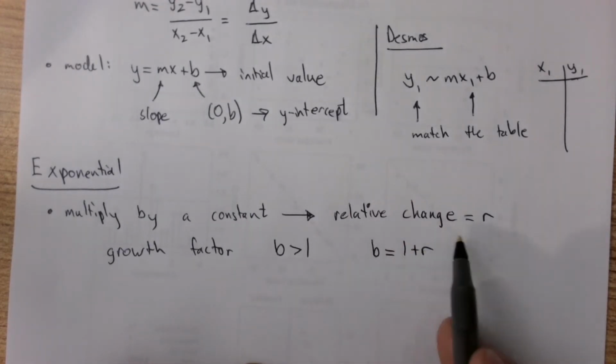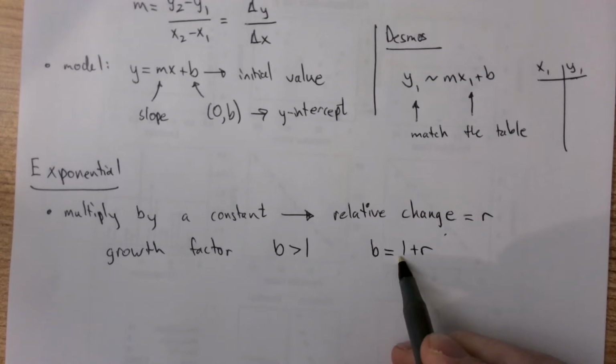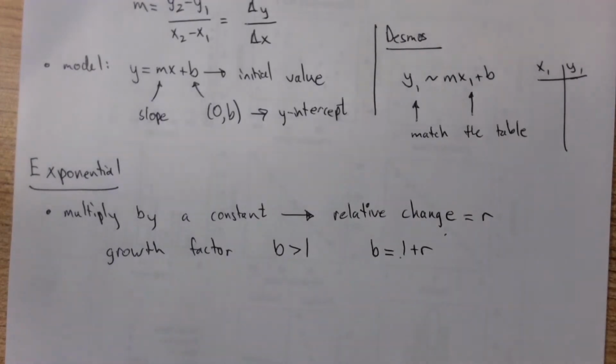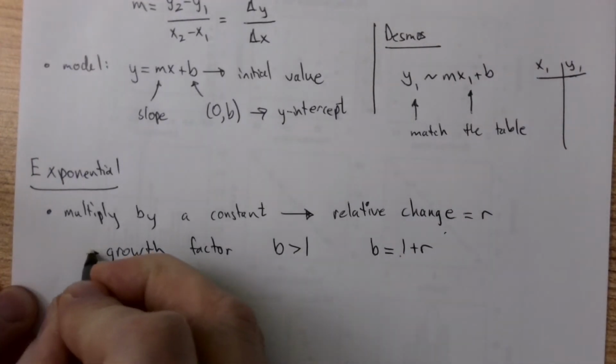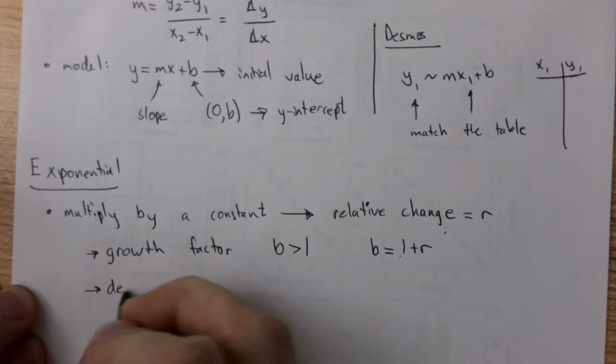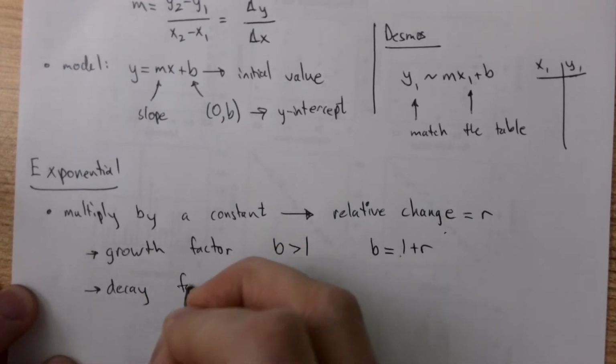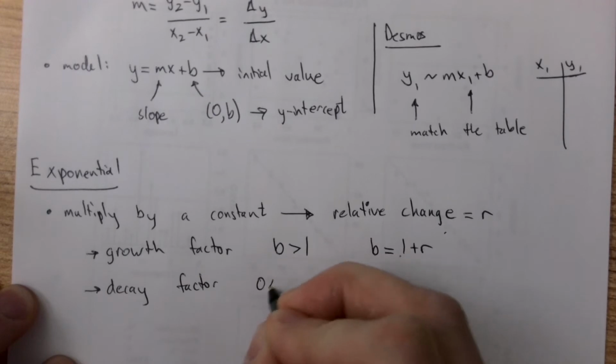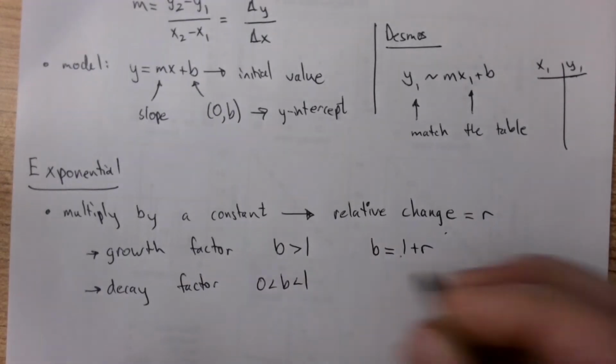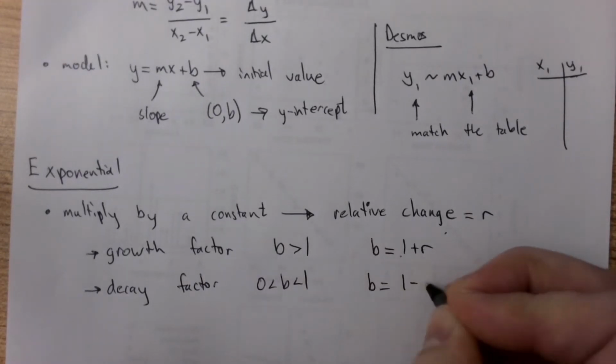So if we find the relative change, we add that to 1, in other words 100%, and we get the growth factor. It's a decay factor if our b value is between 0 and 1. And then we calculate that by doing 1 minus r.